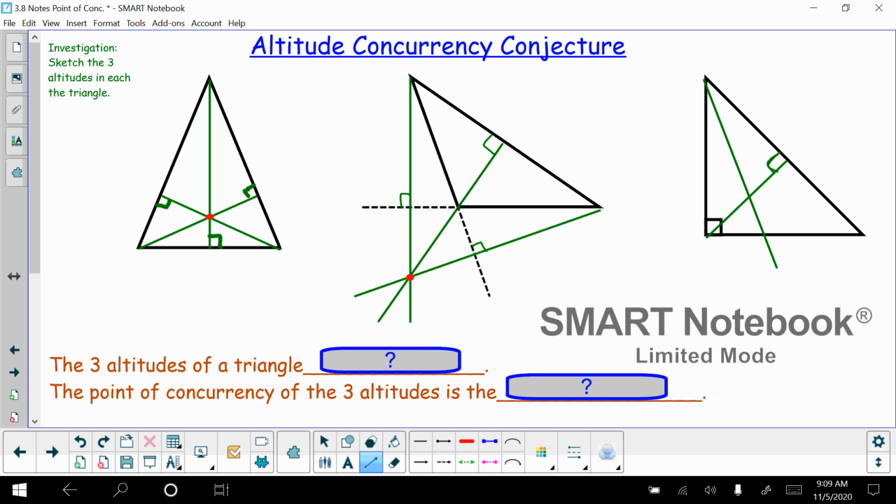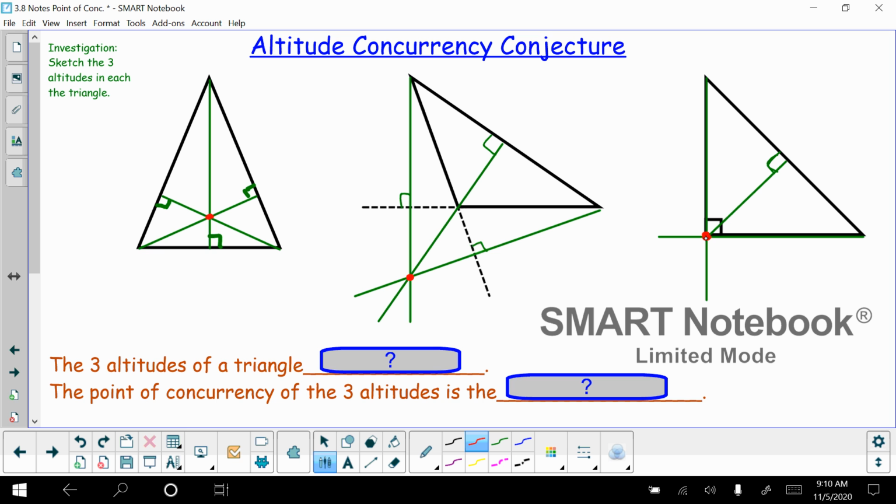You see how if I can extend it this way, let me make sure I go right at the angle a little bit better. But when I extend it this way, it is not coming out perpendicular. But if I go this way straight down, there it is. Same thing goes for this direction over here. It's going to be straight this way. So the weird thing about this one is that the point of concurrency is actually at the corner right there. That is the point of concurrency for a right triangle.